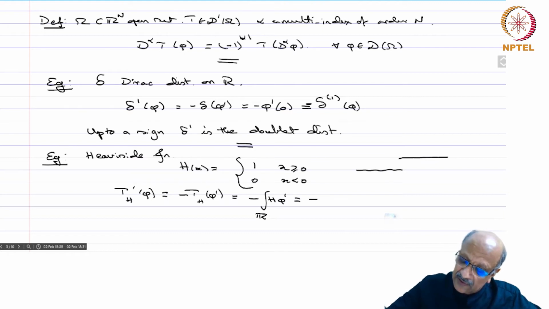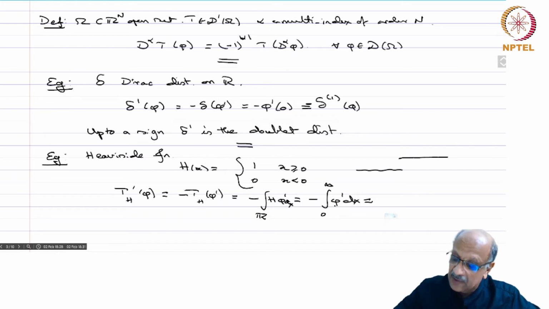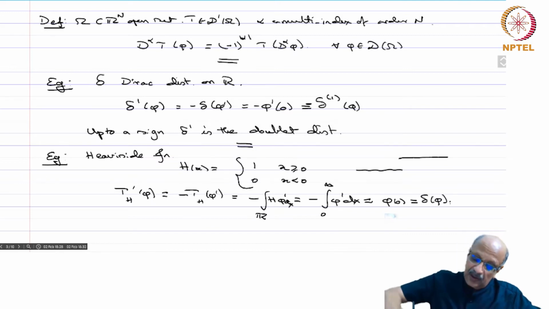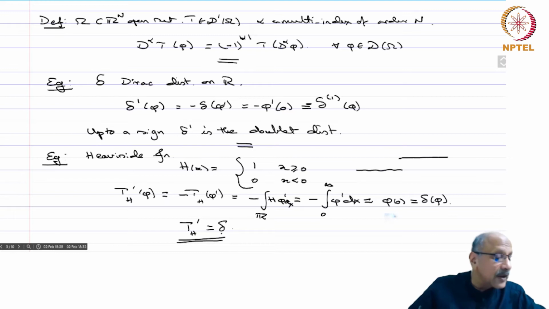So this is minus the integral from 0 to infinity of phi dash dx, and if you evaluate the difference at the end points, at infinity it vanishes because phi is a C infinity function with compact support, and therefore this will just give you phi of 0. You see that this is nothing but delta of phi. So we have TH dash equal to delta.